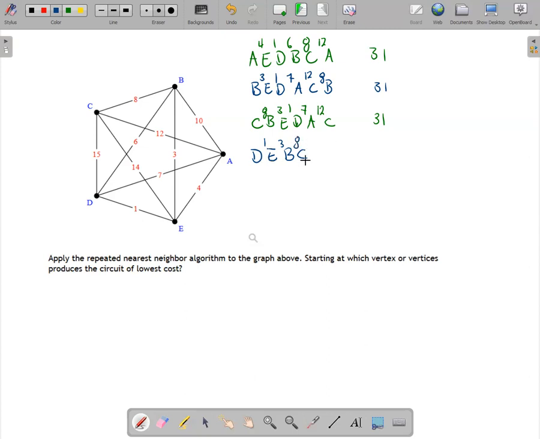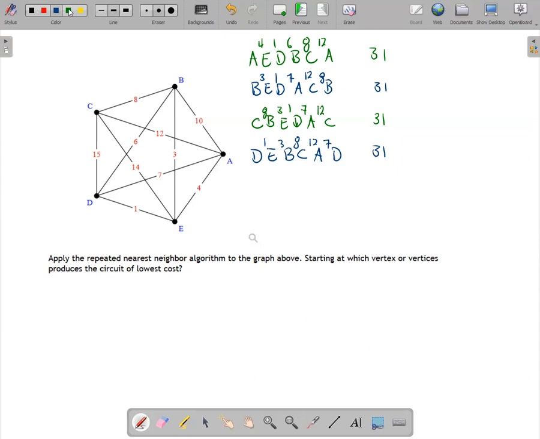And then we're starting to run out of letters, so I've got to get back to A before I can get back to D. So C to A is 12, and A to D is 7. Starting and ending at D, I have A, B, C, D, E. All the letters are there, no repeats except for the start and the end. So what is this? 4 and 8 is 12. 12 is 24, and 7 is 31 again.